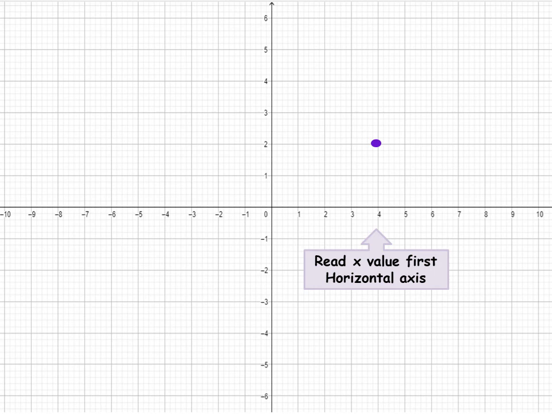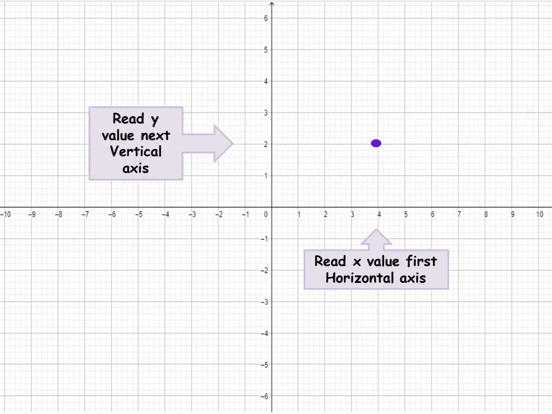So we're going to travel up to see. Very good. So 4 is the one that lines up with it. Then we're going to find the y value that lines up with it. The y value is located on the y-axis, so we're going to move across.